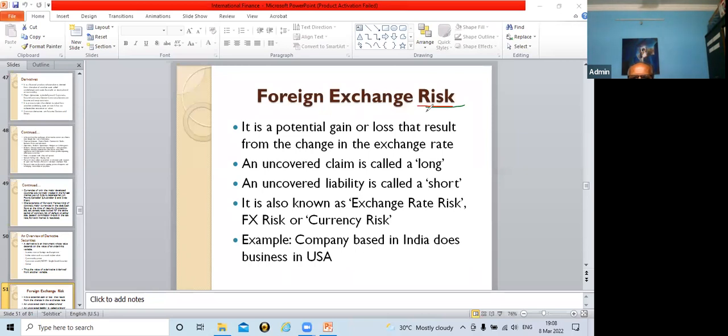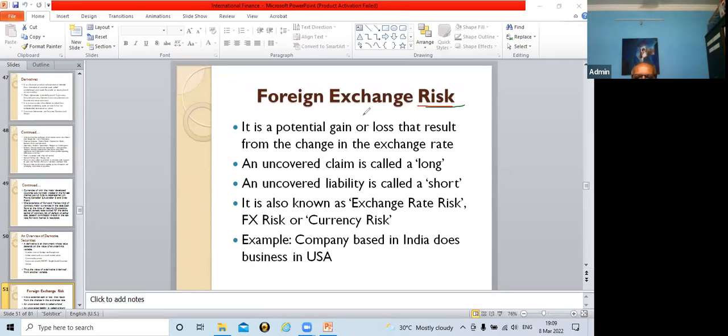Maybe within 2-3 days, the rate may be 78 rupees per dollar. From 74 to 78, the difference is 4 rupees. So within a span of 10 days, the dollar has increased almost by 4 rupees.